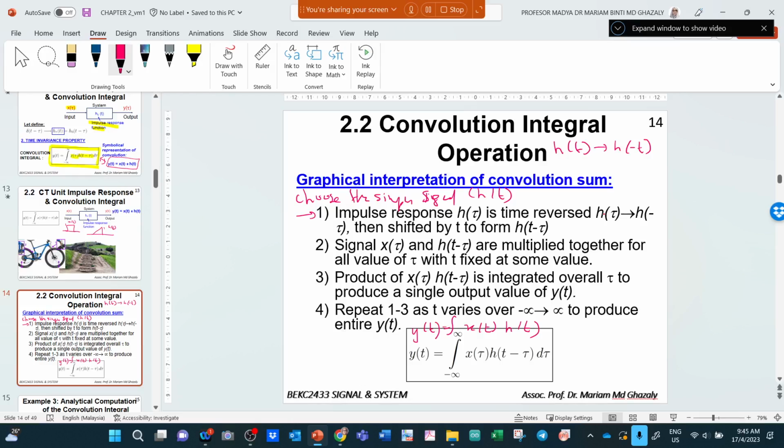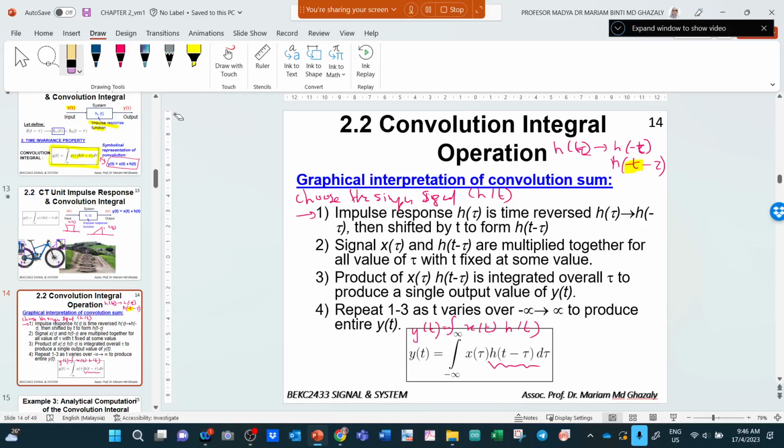And then dia cakap sini time shift by t to form ht minus tau, sebab kita nak jadikan dia dalam bentuk macam ni. Okay, so what you need to do is that just add tau, kita guna tau dalam case ni sebab dia dalam bentuk tau, ht minus tau. Okay, so just add t depan tu lah, depan signal yang tadi tu. Okay, so h minus t jadi ht minus tau.